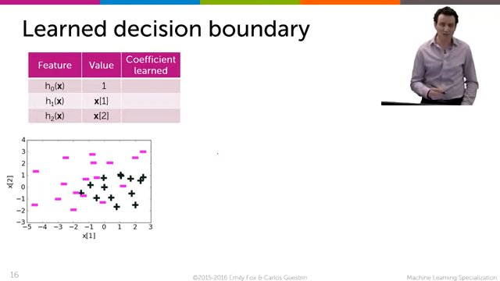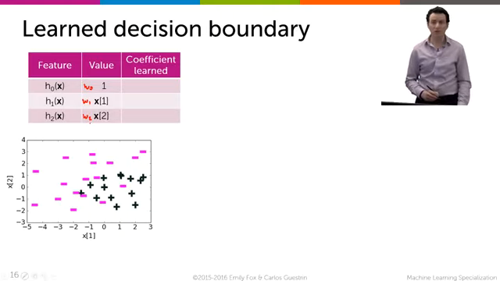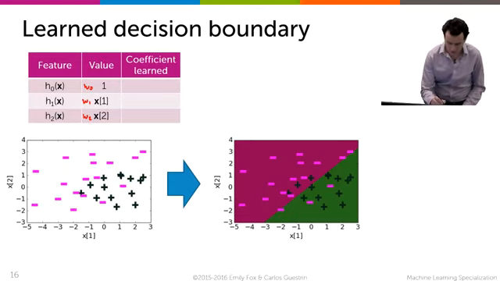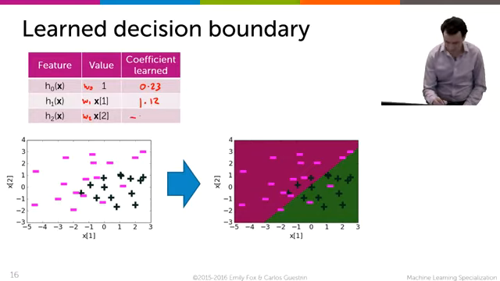So there's just the constant w0, the coefficient of x1, which is w1, and the coefficient of x2, which is w2. If I learn a logistic regression classifier on this data, I get the following results. The constant becomes 0.23, the coefficient of x1 becomes 1.12, and the coefficient of x2 becomes minus 1.07.